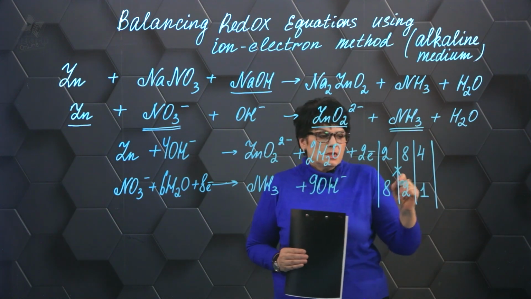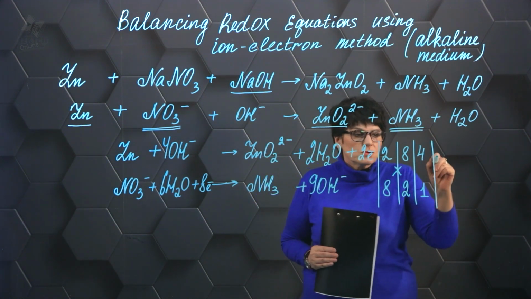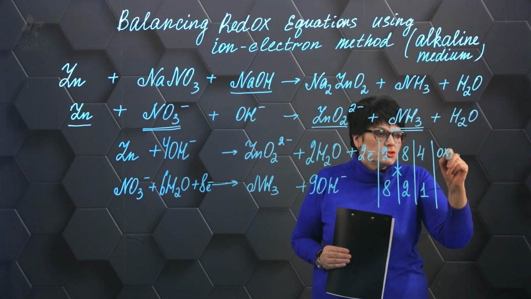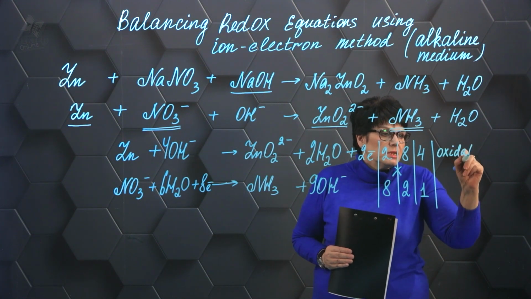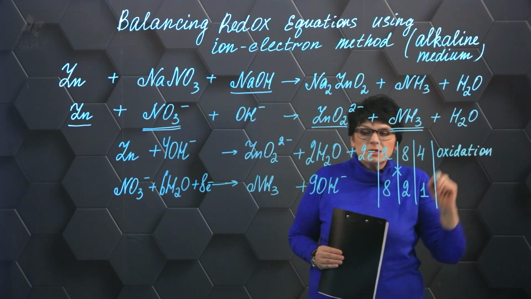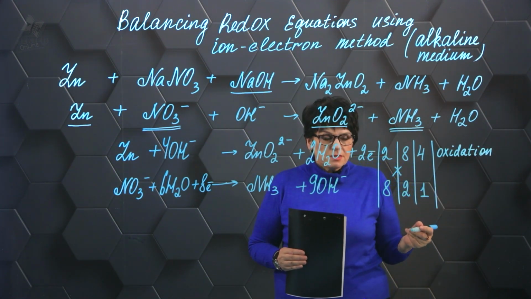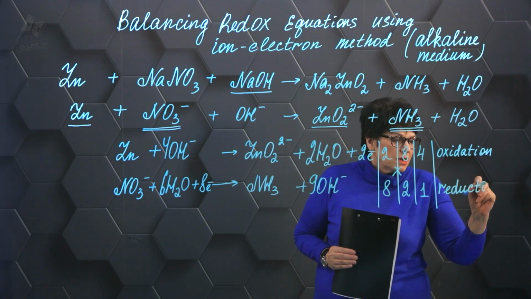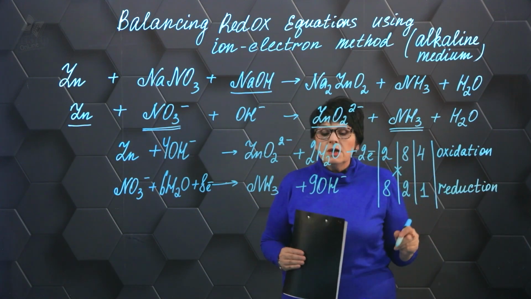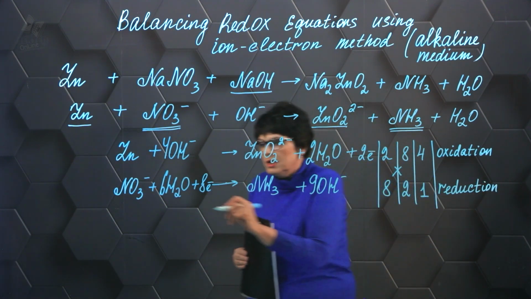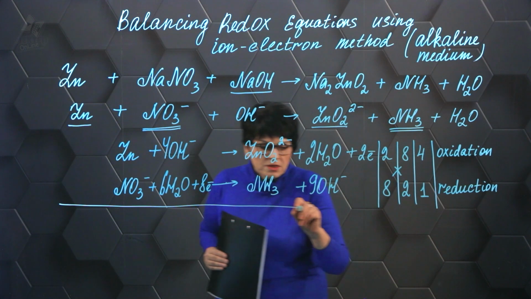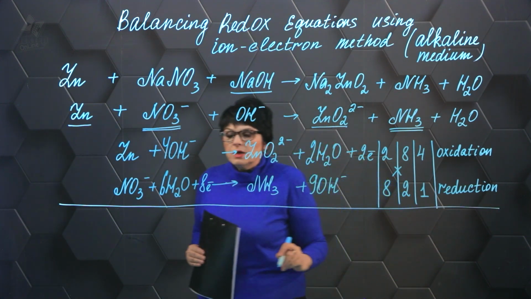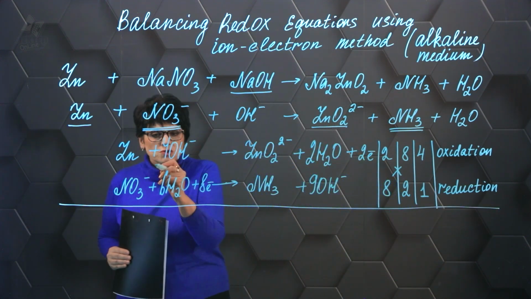It's giving up electrons, so it's a reducing agent, and this process is oxidation. The second process is reduction, and the nitrate ion is the oxidizer. We're going to write the final molecular ionic equation with these multipliers.